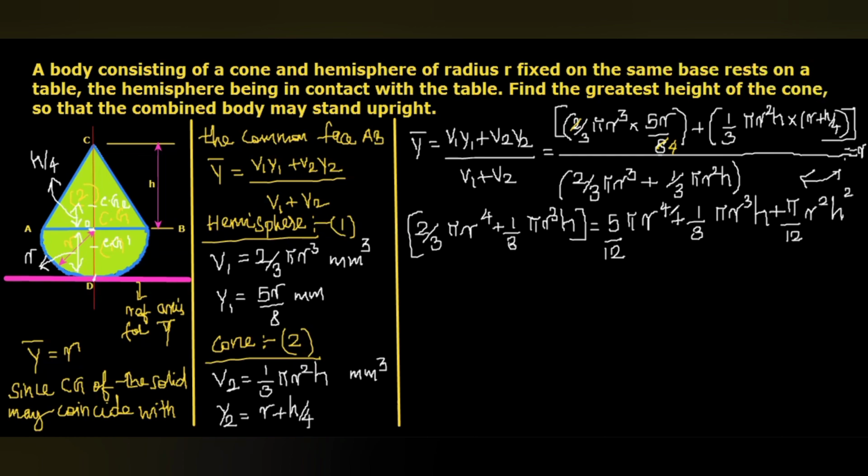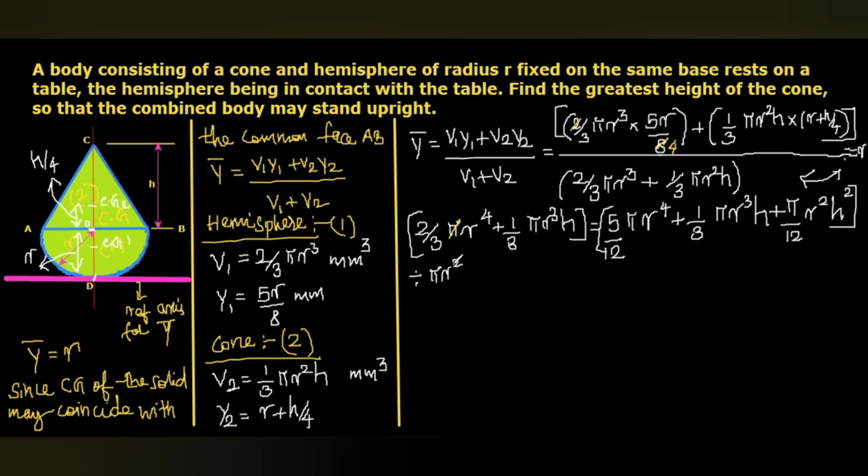So now all the values we put. This one on the left hand side, this is on the right hand side. Here in each term, pi r square is common. So we can take pi r square as a common on the left hand side and the right hand side, then we can cancel. Or we can write it as dividing this equation by pi r square on both sides. Then the simplification: the pi will cancel.